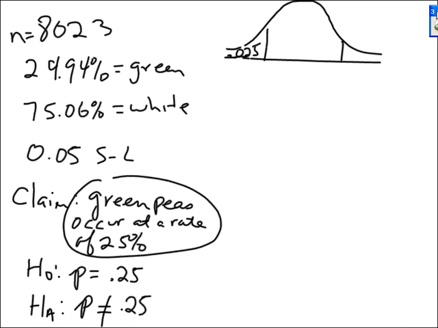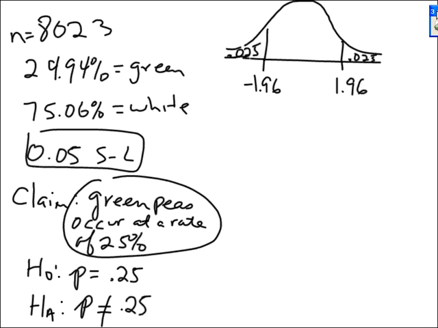So I get to split the 5% from the 95%. I get to split that 0.05 into 2 halves. The left tail gets 0.025. The right tail also gets 0.025. And it turns out that the z-score is negative 1.96 and positive 1.96. And in the middle, you still have your 95%.